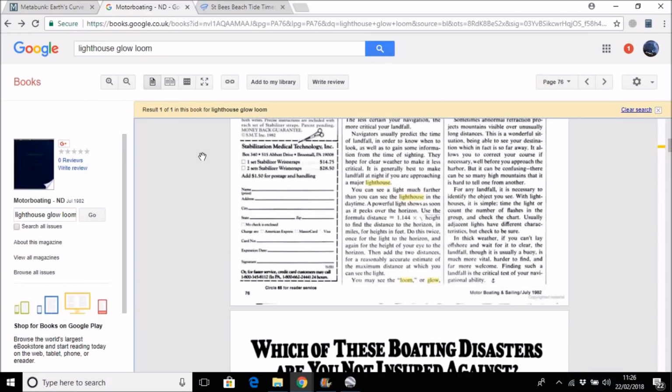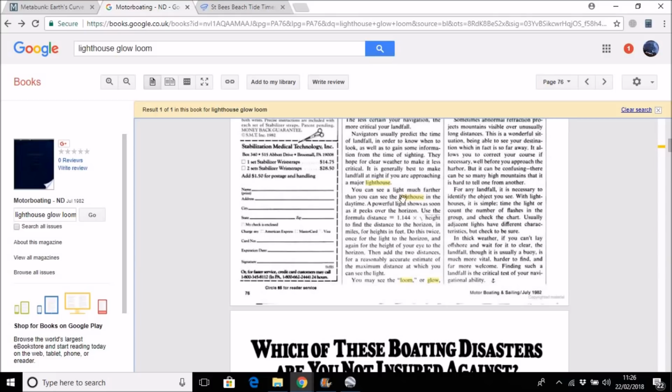But I did find this book, which is a book about motorboating on the ocean. It's talking about lighthouses and how you predict the time of landfall, and saying it's generally best to make landfall at night if you are approaching a major lighthouse.